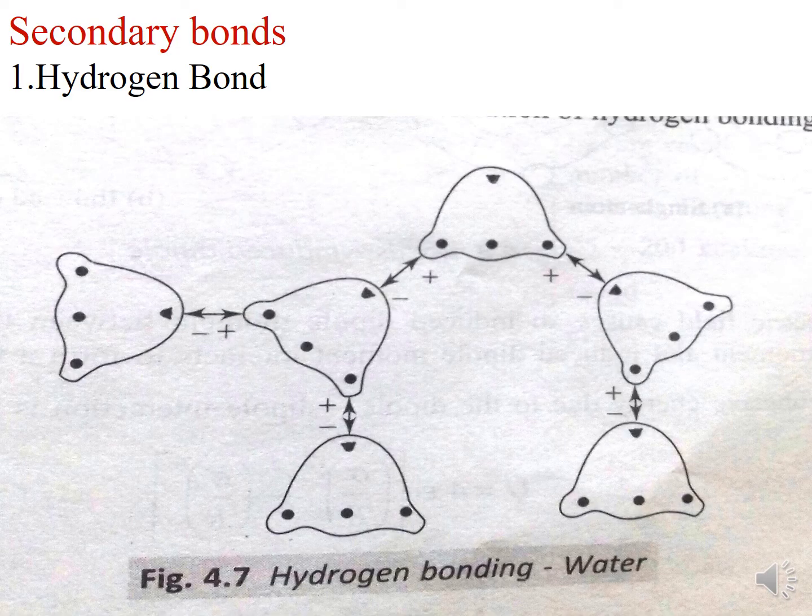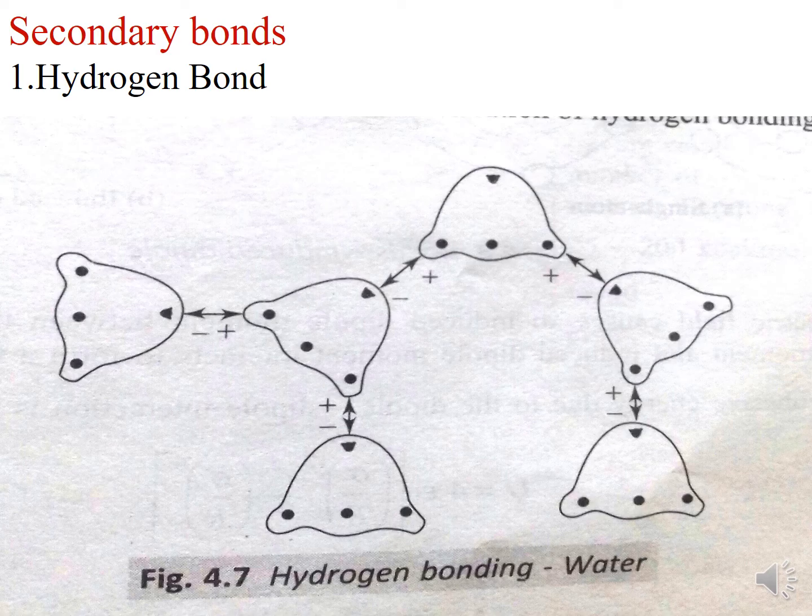And when you come to the secondary bonds, they are formed in molecules. There are two types. First, hydrogen bonds, which we can discuss with water molecules. In a water molecule, two hydrogens are paired with oxygen, and the electron is shared with hydrogen but spends more time on oxygen.